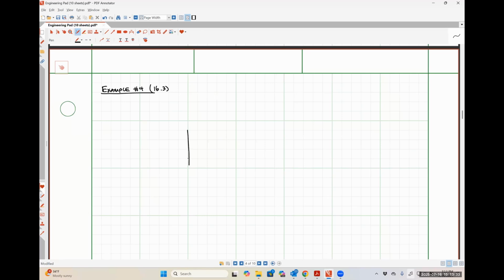So starting with our op amp. Flip those guys around. So here is my feedback path.